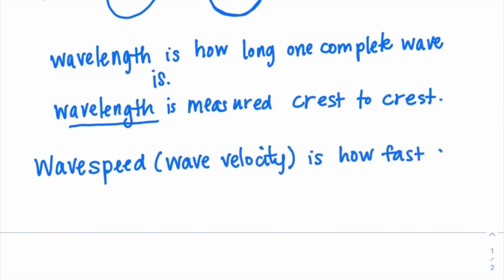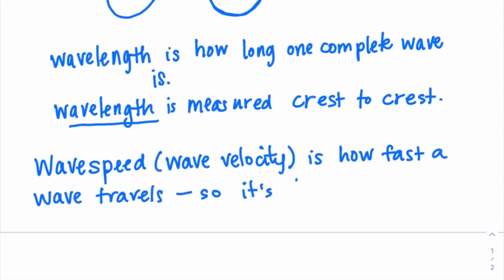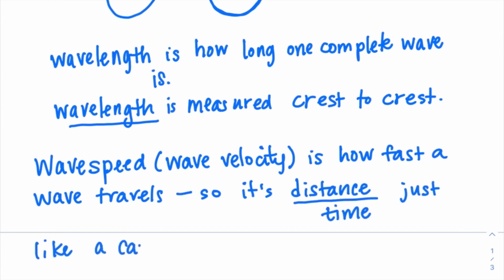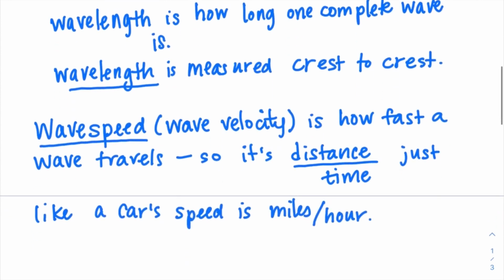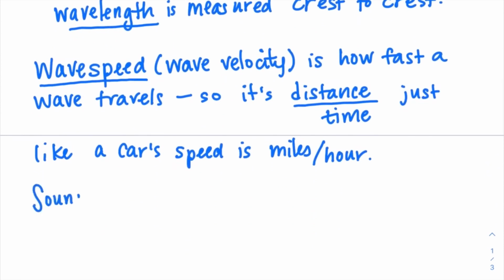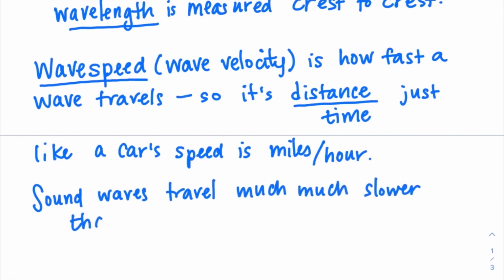Every wave must be moving in order to be a wave, and every wave has a speed or a velocity. The wave velocity is how fast a wave travels. Now, you guys know how to do speed. It's just distance divided by time. When we roll marbles or balls across the room or roll a cart, we can always look at its distance and time. When your car moves down the road, we measure that in miles per hour.